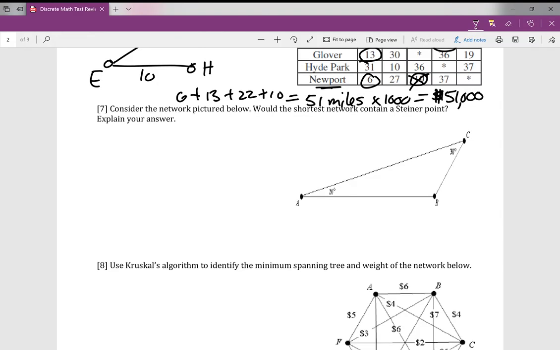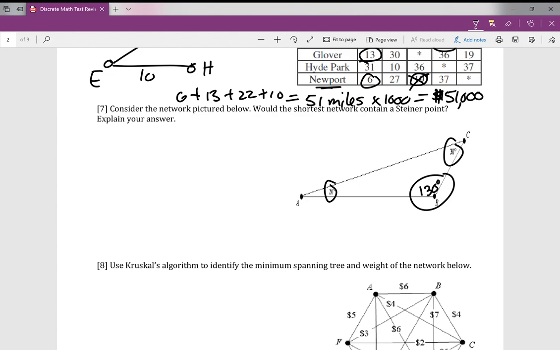Number 7, consider the network pictured below. Would the shortest network contain a Steiner point? Explain your answer. We have a 20-degree angle and a 30-degree angle. So that's 50, and if we subtract it from 180, that leaves us with a 130-degree angle.